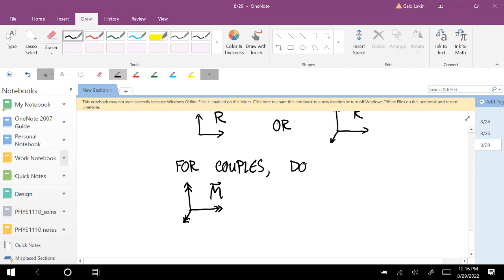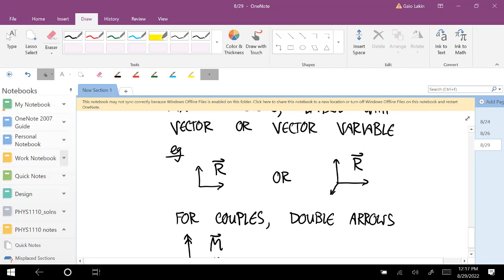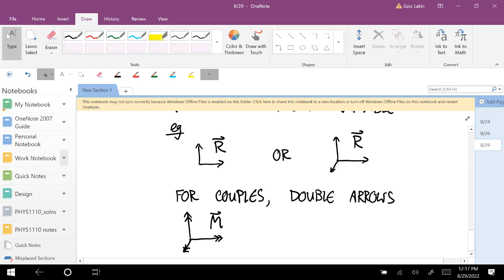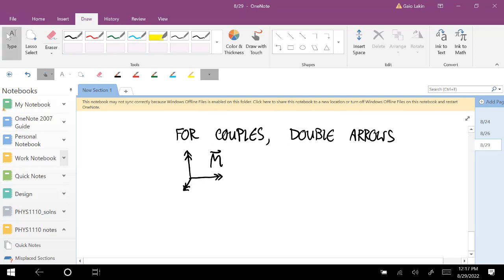You know, double arrows. Okay, so that's if you don't know the direction of a force, of a load.